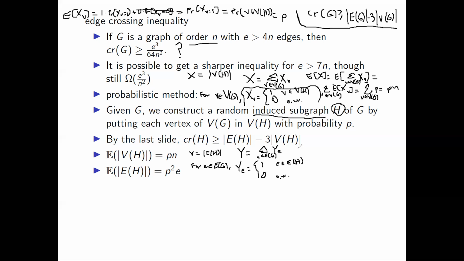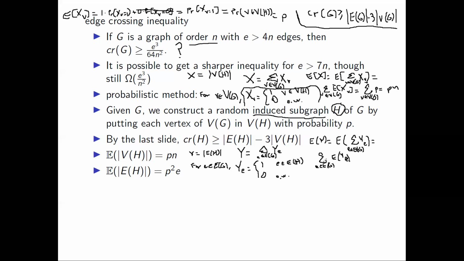And then we can calculate our expectation of Y, which is the expectation of the sum. And then we just have to calculate the expectation of each of those indicator random variables, just like we did above with the other expectation.